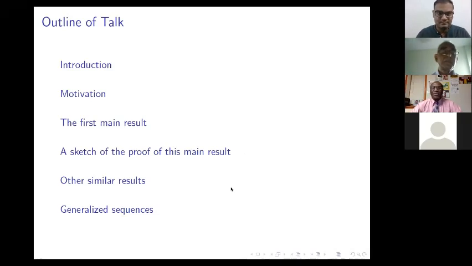And then I will discuss other results we obtained. And then at the end, I will ask a question about generalized sequences. I will say that this work is done jointly with a friend, Professor Florian Luca, and a former student, Chamu Eloge.